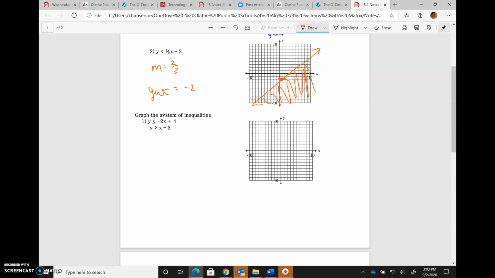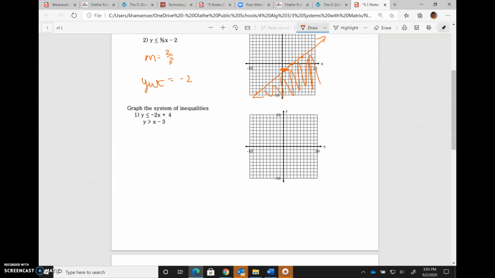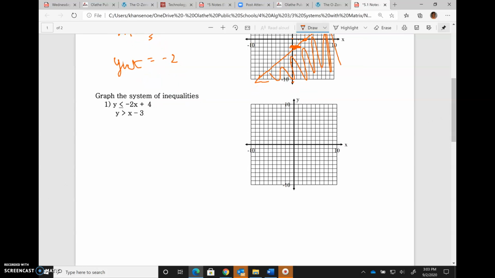All right, so when we are graphing a system of inequalities, what I suggest is you graph the first one, you shade it and everything. Then you graph the second one and you shade it and everything. So I have y is less than or equal to -2x plus 4. So my slope, -2.